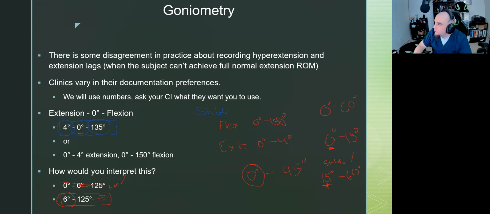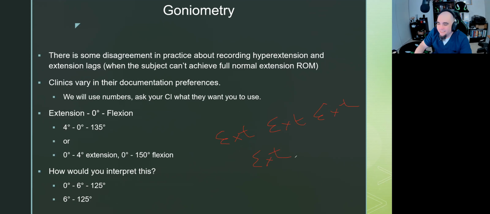And one of the things we're going to talk about in this class and in Therex is extension, extension, extension, extension. What do I mean by that? It's easier to get back flexion on a patient than it is to get extension back.